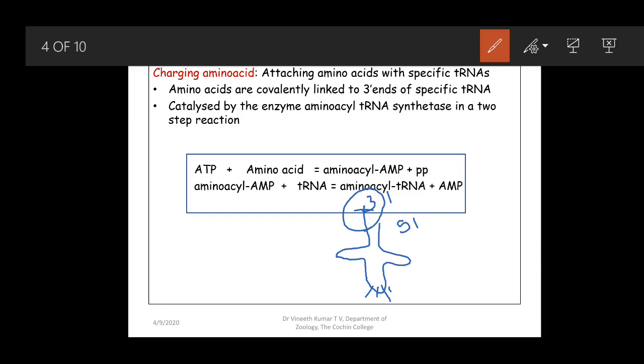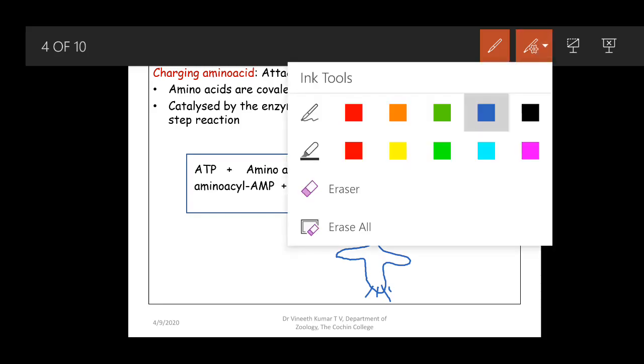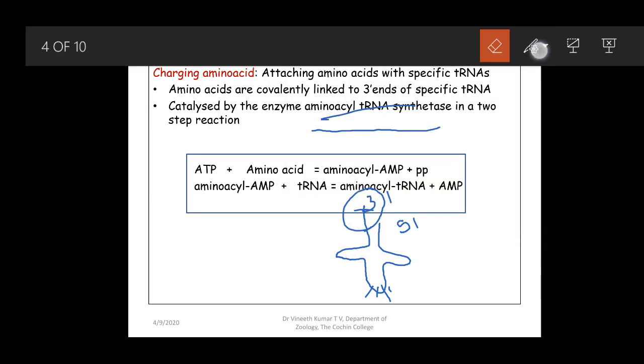Here is where the amino acid is going to be added, and this process is catalyzed by the enzyme shown here, amino acyl tRNA synthetase. This enzyme catalyzes the attachment of the amino acid to the tRNA, and it is a 2-step process which requires energy, which is ATP, as seen here.